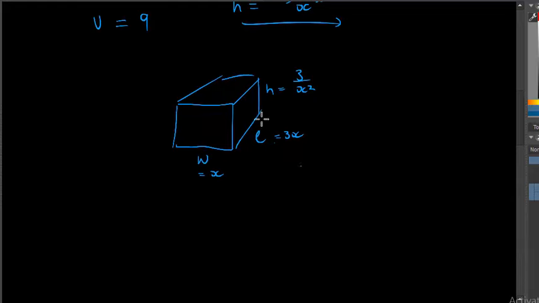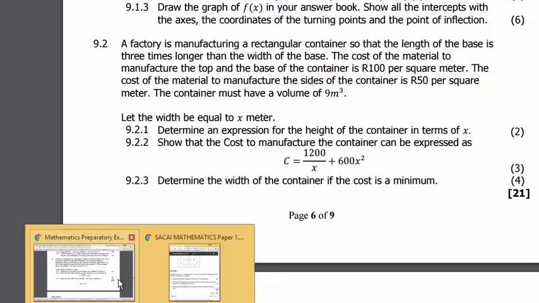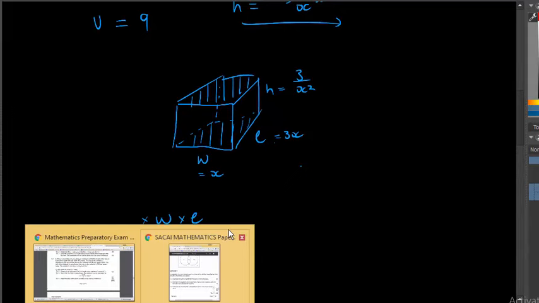No, it didn't give that to me, so that makes this question quite hard. Okay, but the top and the bottom are made of the same material. So the area for that is the width times the length, and that costs 100 Rand per square meter.